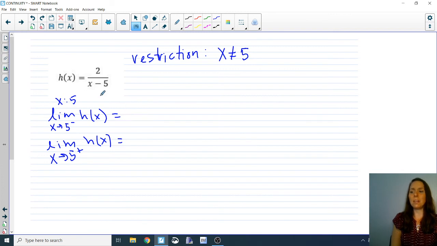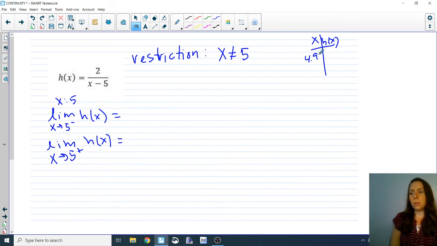Okay, so what we want to think about with our left-hand limit is what's going to happen if I plug in some numbers that are a little bit less than 5, because those would be numbers to the left of x equals 5, and I get closer and closer to x equals 5. So maybe you want to start with something like x equals 4.9. What happens there? 4.9 minus 5, what's that?